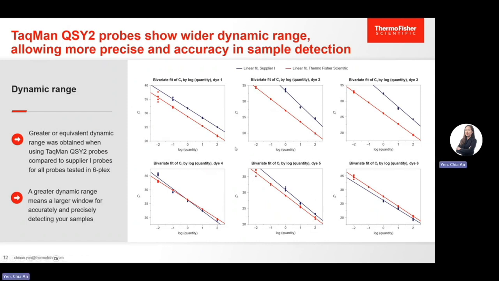And why is better dynamic range important, you might ask. In simple terms, this means that they allow the detection of targets that have different quantities in the sample. So this will ensure that you can get more accurate results with your samples.